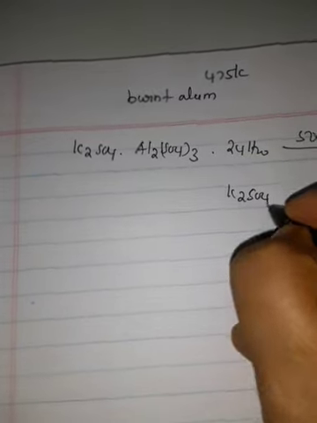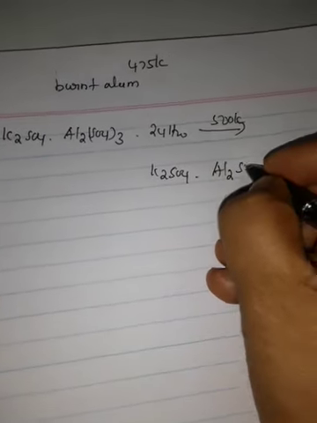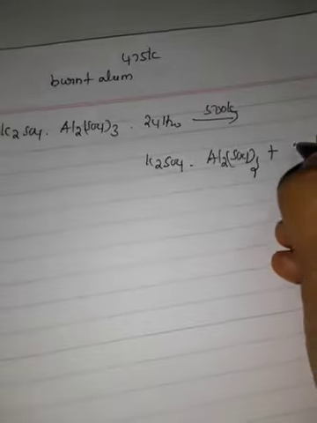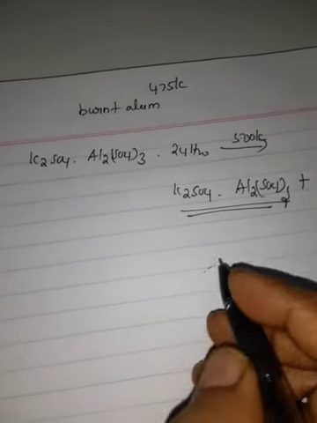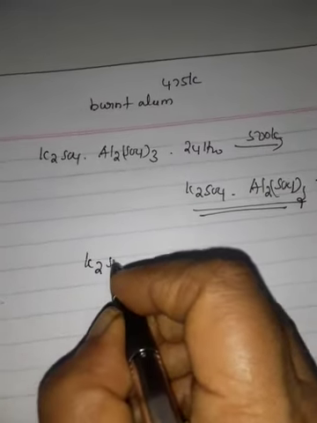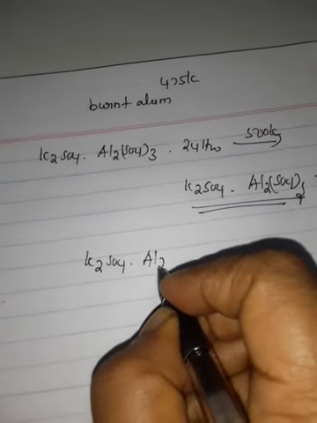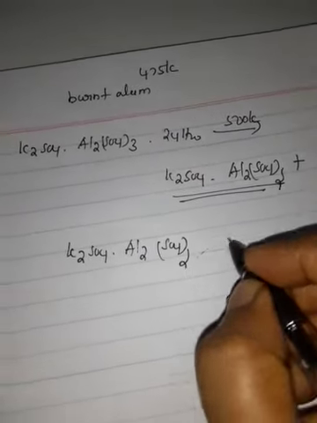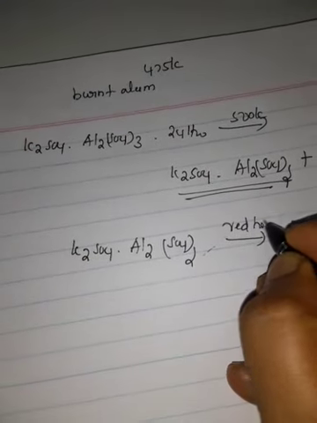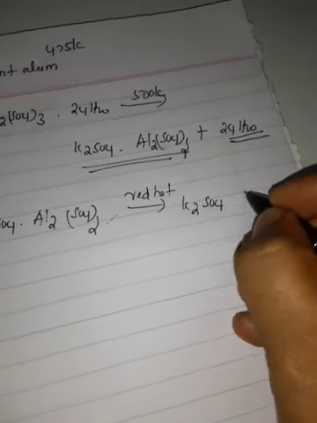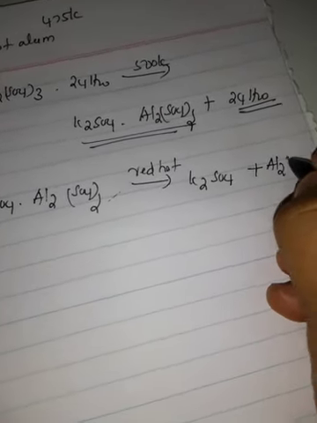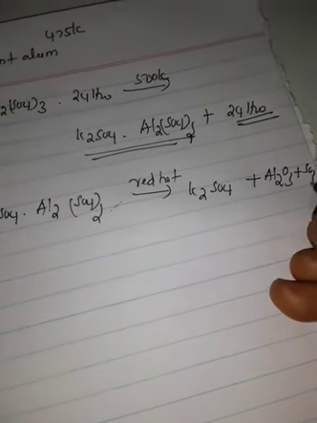So K2SO4, Al2(SO4)3 remains, called burnt alum after swelling up. Then at red hot, it is broken into potassium sulfate plus alumina, Al2O3, plus 3 molecules of sulfur trioxide.